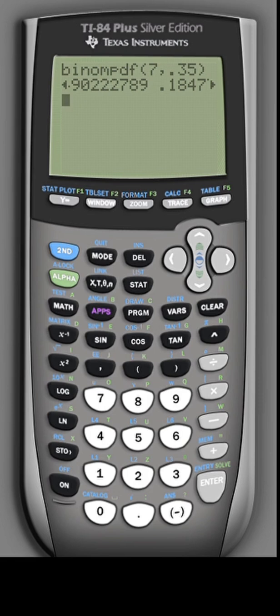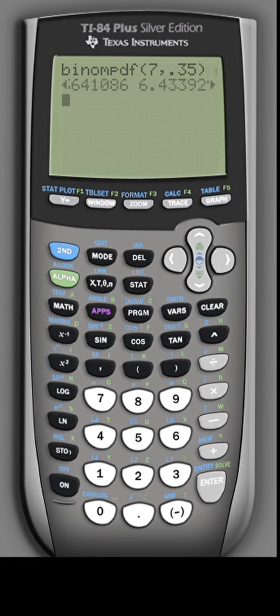The first value is the probability that 0 of them would be successful. The next number is the probability that 1 is successful, the probability that 2 are successful, the probability that 3 are successful out of the 7 trials, and so on, all the way up to 7. What's the probability that we get 7 successes out of 7 trials?